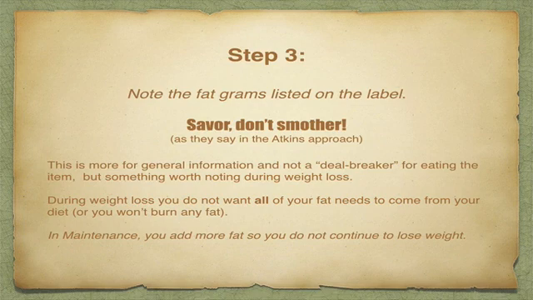So that would be maintenance. We're not trying to talk about maintenance right now. That's a strategy used in maintenance to stop losing weight. So you need to have your fat be slightly lower than what you would need in maintenance so that you can burn your own fat stores. So just look at the fat grams, but don't obsess over it like you did in the low fat diet.